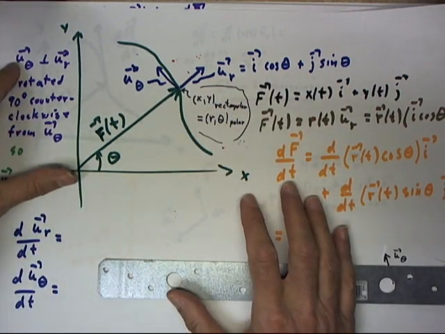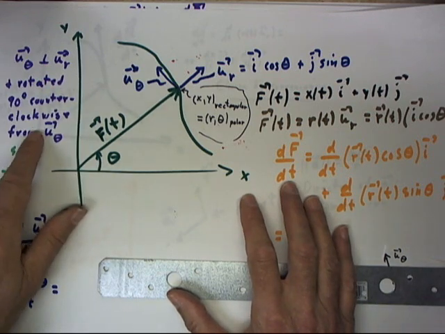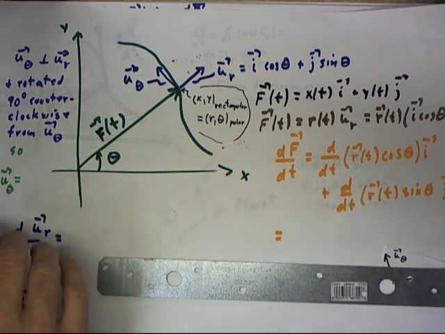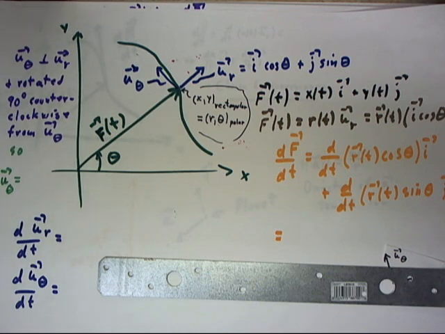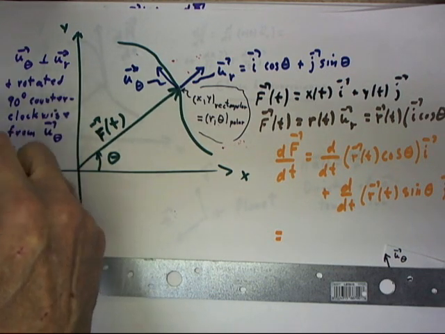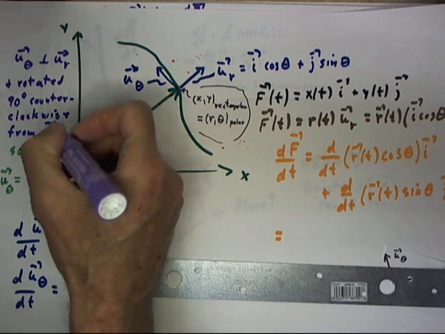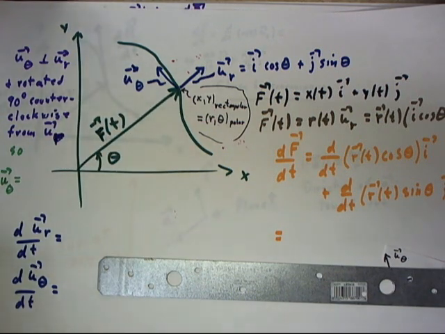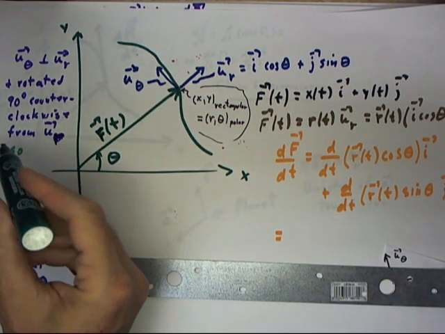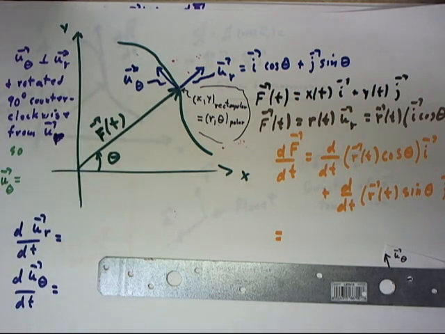And u theta is perpendicular to u r, rotated 90 degrees counterclockwise from u r. I was thinking ahead, I called that u theta, so it'll be kind of messy, but let's change that theta to an r. Okay? So that u theta, if we think about it, has to be perpendicular to u r.